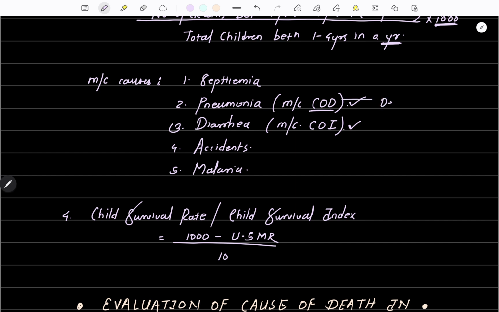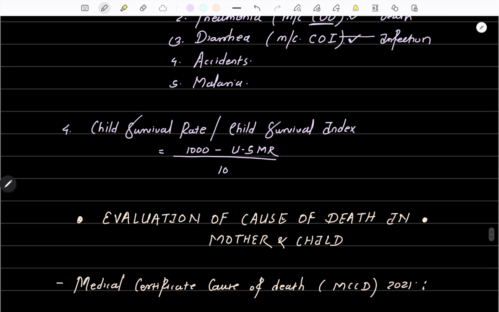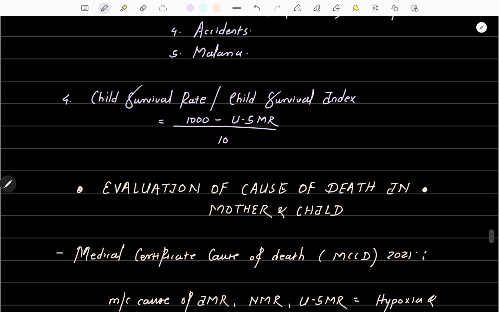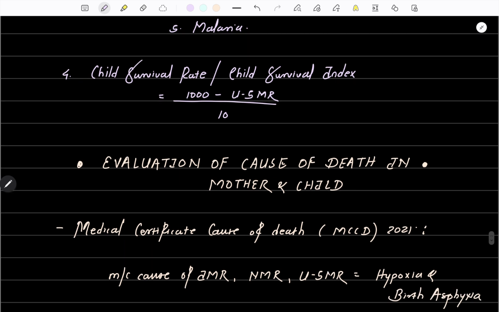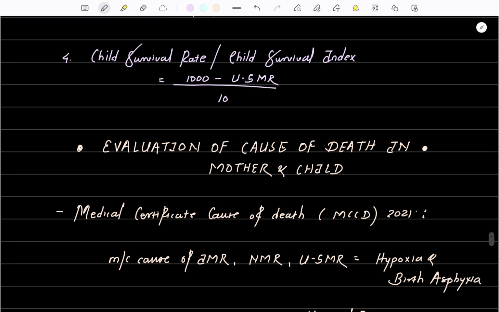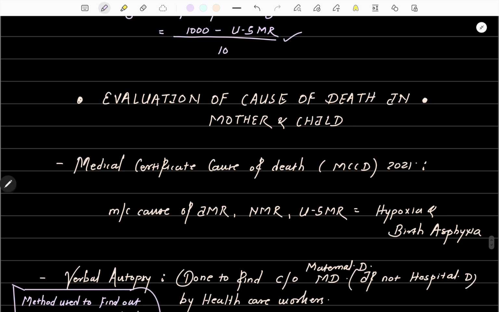This is death and this is infection. Then accidents and malaria. Then child survival index, the formula for this is 1000 minus under 5 mortality rate divided by 10. You have to remember the formula, very important.